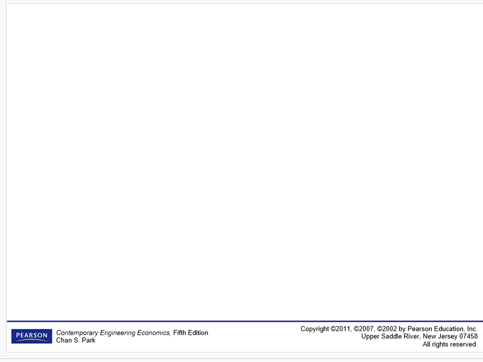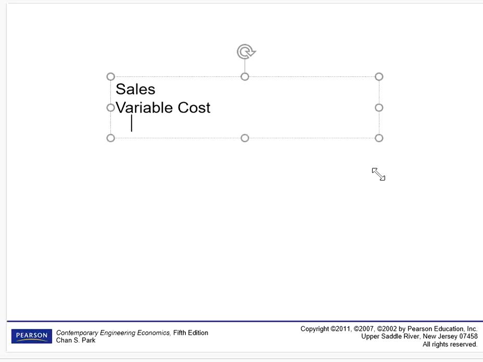If I just want to show you, you have sales minus variable cost, so sales minus variable cost will give us our gross profit, or sometimes we call it a contribution margin. This is just an income statement written in a different format.